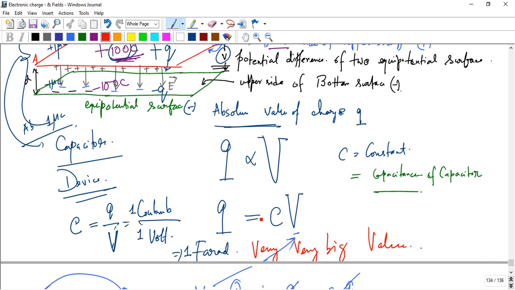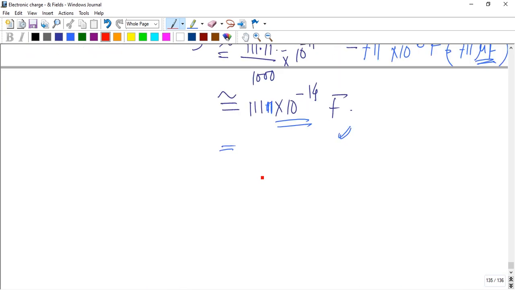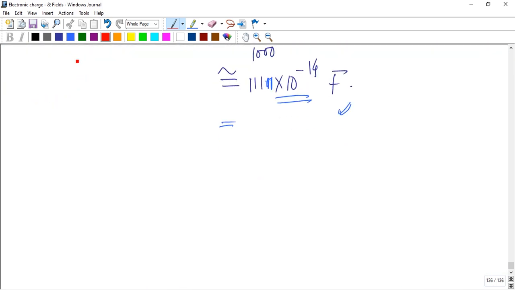Now another important concept we discuss is the charging of capacitors. How to charge a capacitor?